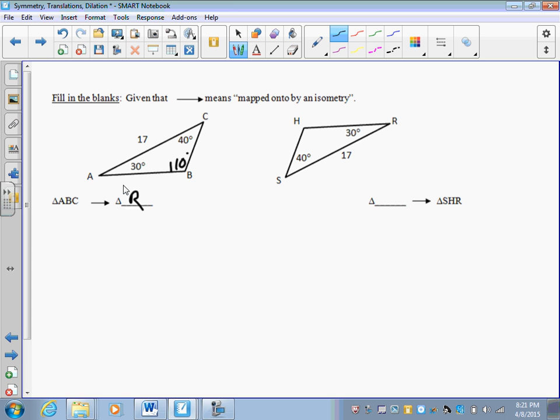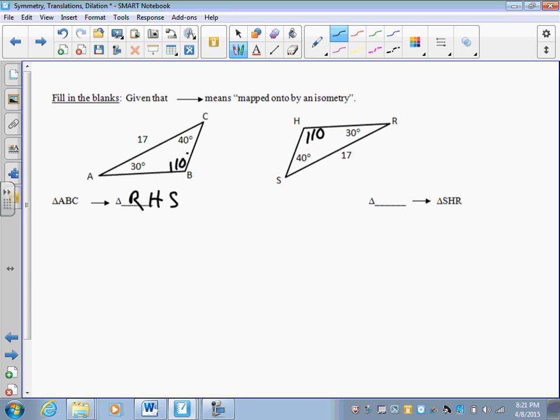So B is 110, and the same thing for H. H is also 110. So B corresponds to H, and C corresponds to S. C is 40, and S is 40. So ABC corresponds to RHS.